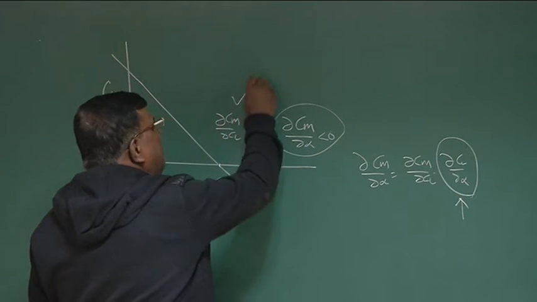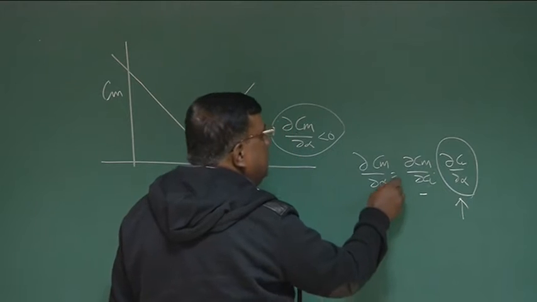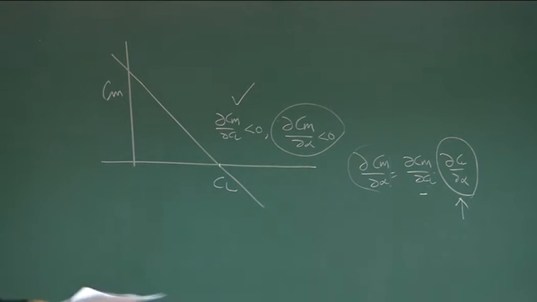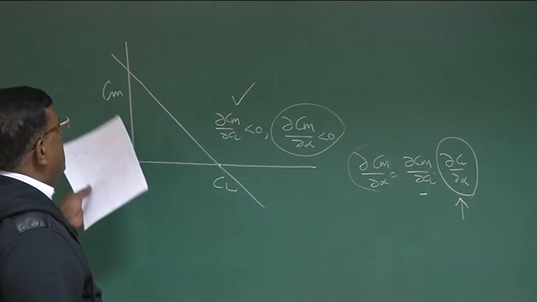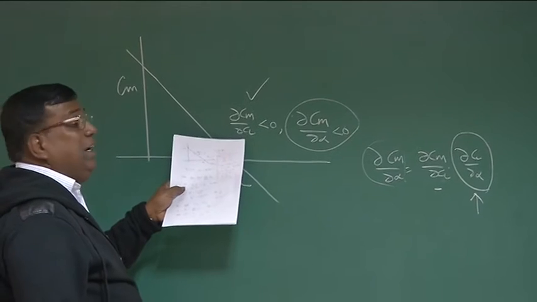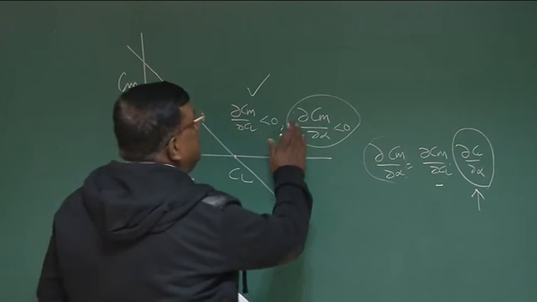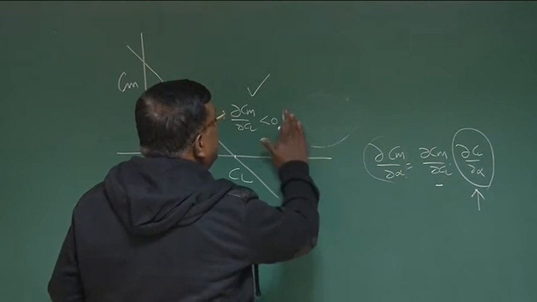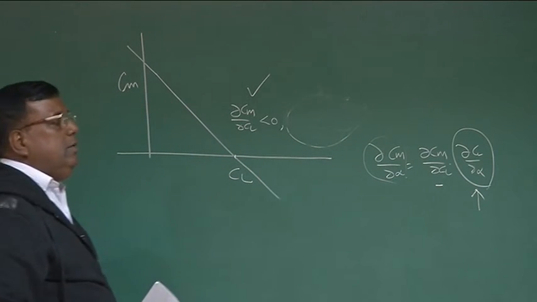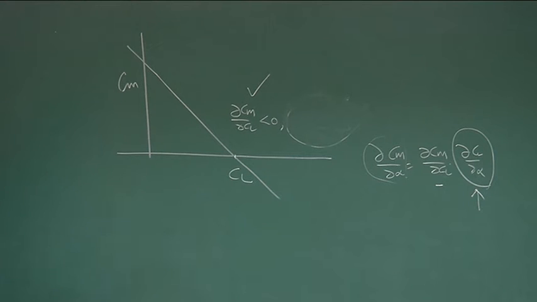So if dCm by dCl is less than 0, dCm by d alpha is also less than 0, and vice versa. Whenever we write the CM versus CL variation, we talk about dCm by dCl less than 0 for static stability, and when we write CM and alpha, we write dCm by d alpha less than 0. So both are equivalent statements.